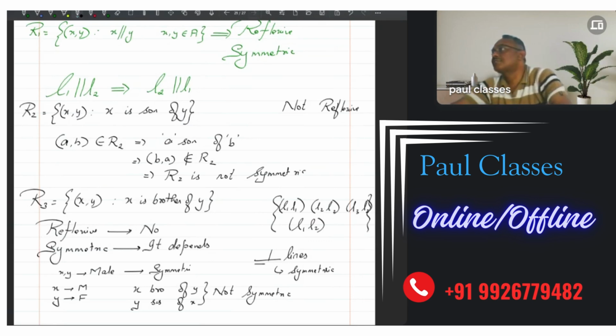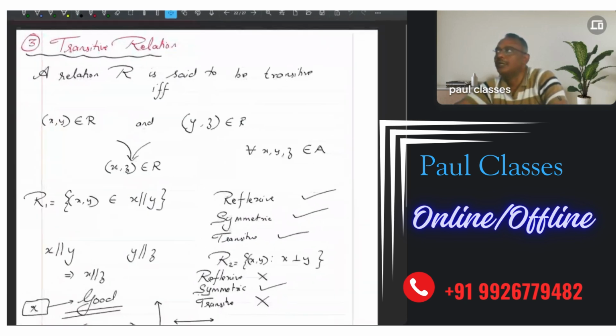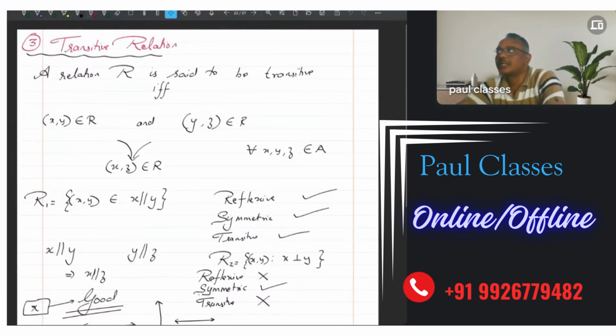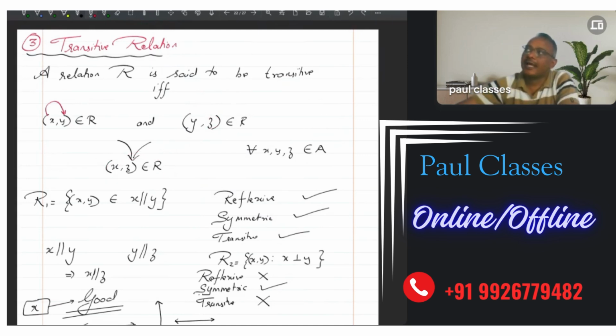What comes next is the third and the last type of relation, which is called a transitive relation. A relation R is said to be transitive if X is related to Y, Y is related to Z, then X must be related to Z also. We call that a transitive relation.